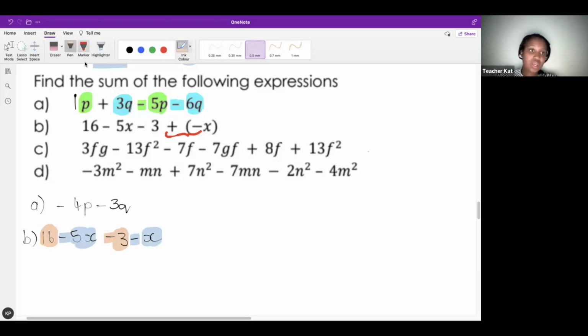Nice. Now, what is 16 minus 3? 16 minus 3 will give us 13. And negative 5x minus another x.